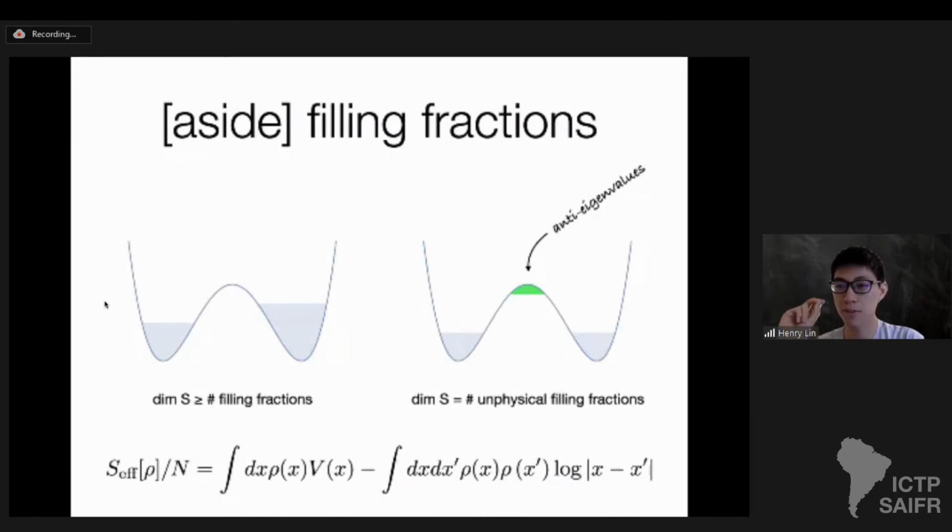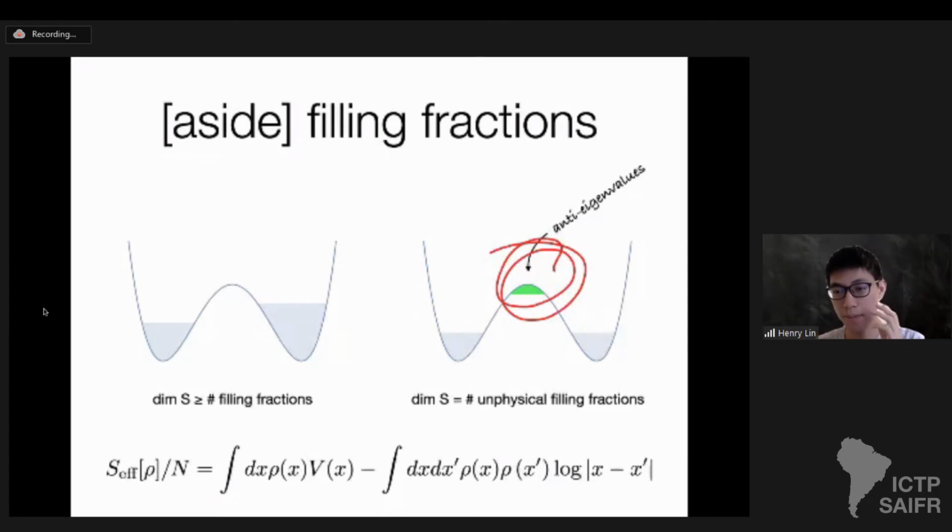So this green region here is where you fill a bunch of anti-eigenvalues. And the point is that there are stable solutions of this form which violate positivity, but otherwise satisfy the loop equations. So the dimension of the search space can still be interpreted in this way. And when we impose positivity, we're simply eliminating all of these negative eigenvalue density regions.